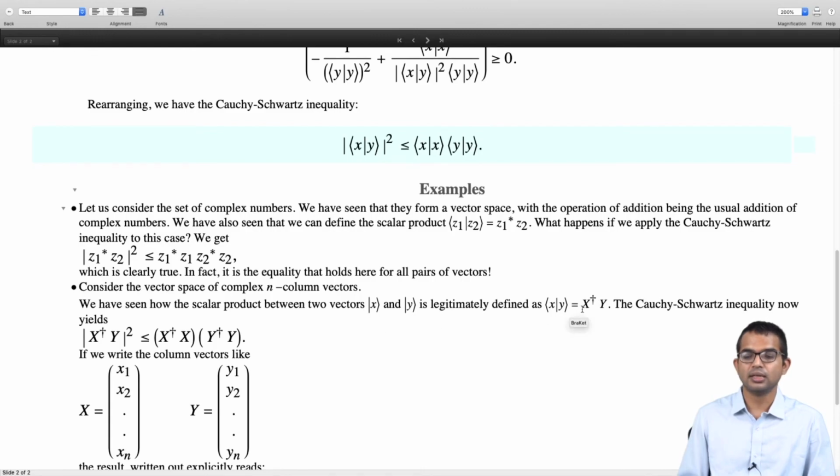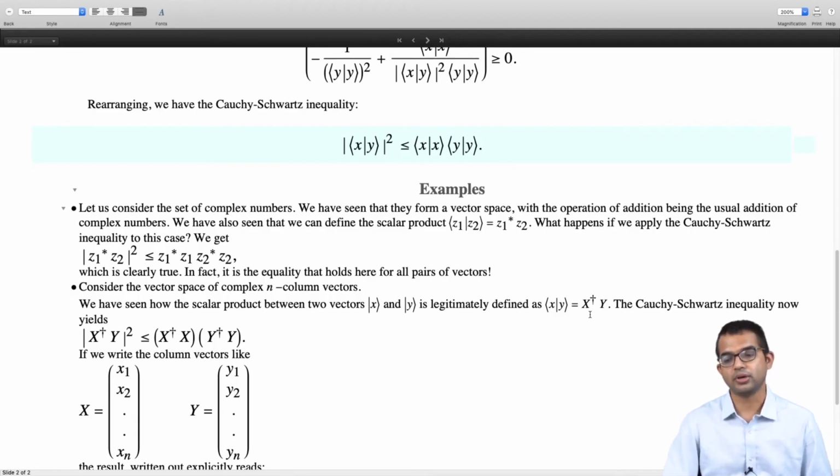We also said that there is a legitimate inner product which one can define as x dagger y. You take the row vector corresponding to x, and multiply with the column vector corresponding to y. The Cauchy-Schwarz inequality now says mod of x dagger y, the whole squared, is less than or equal to x dagger x times y dagger y, right?